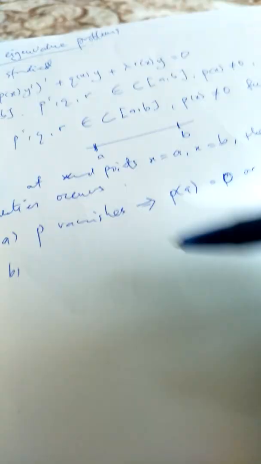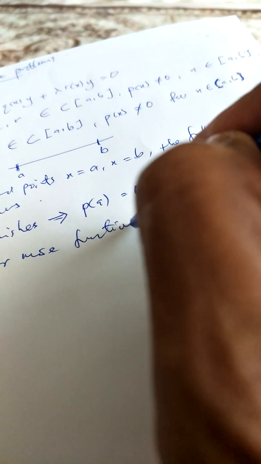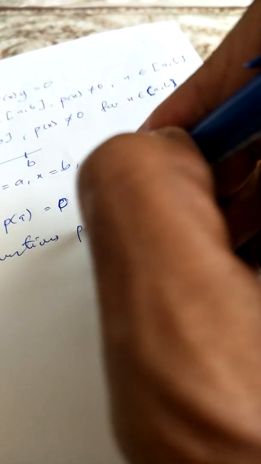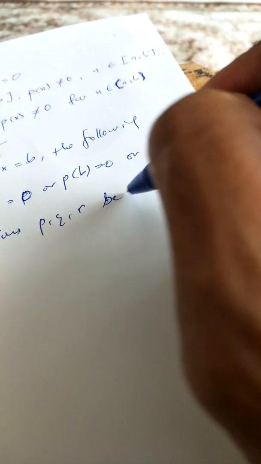Both means P(A) equal to 0, P(B) equal to 0. Or we can also have one or more functions P, Q, R become infinite.